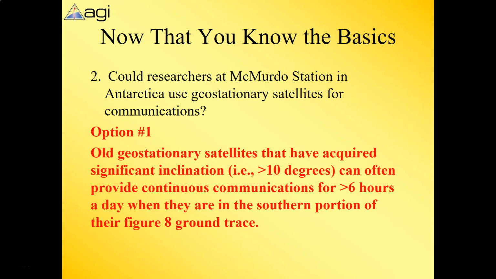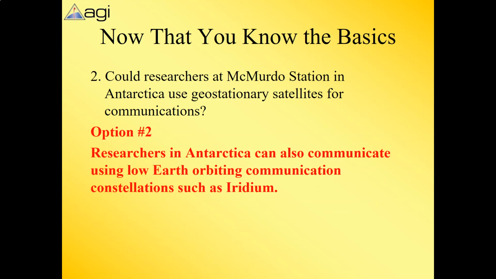Well, option 1, old geostationary satellites that have acquired significant inclination, we're talking about greater than 10 degrees here, can provide continuous communications for around 6 hours a day when they're in the southern portion of their figure 8 ground trace. And option 2 is that researchers in Antarctica can also communicate using low Earth orbiting communication constellations such as the Iridium satellites.